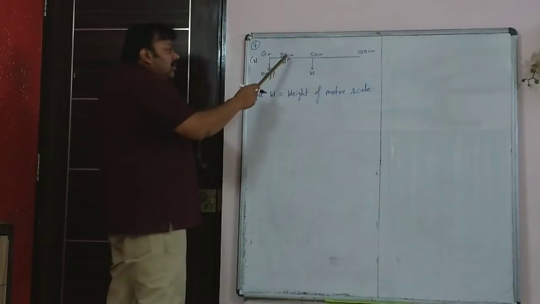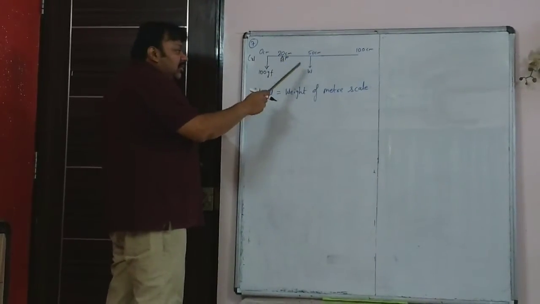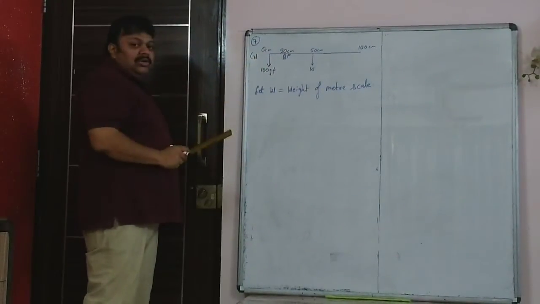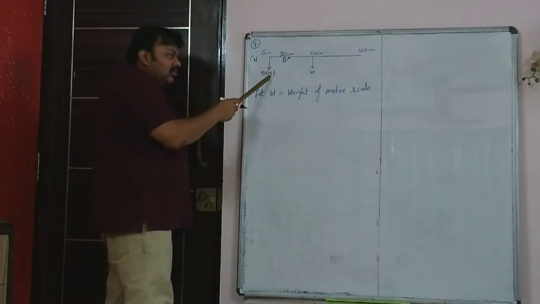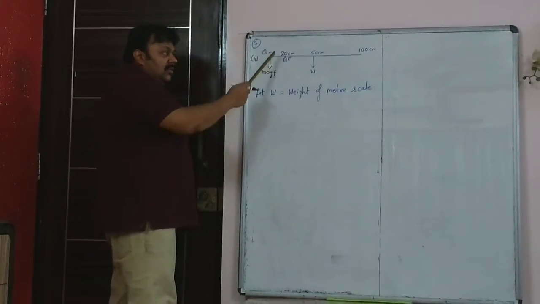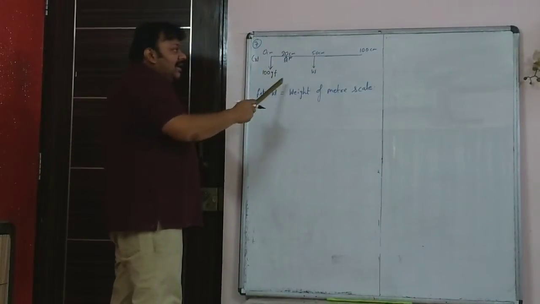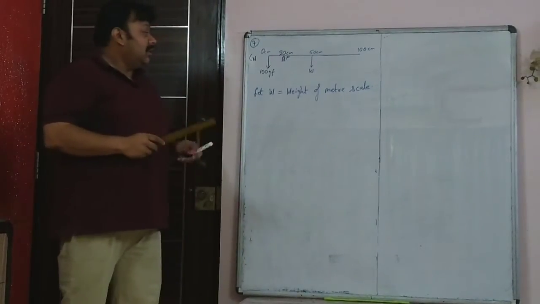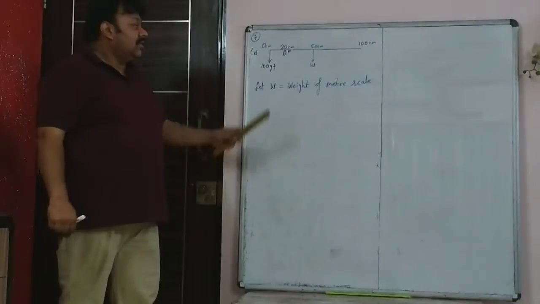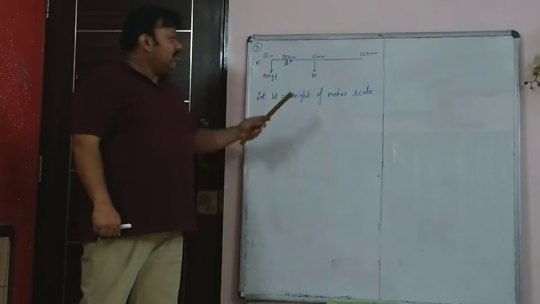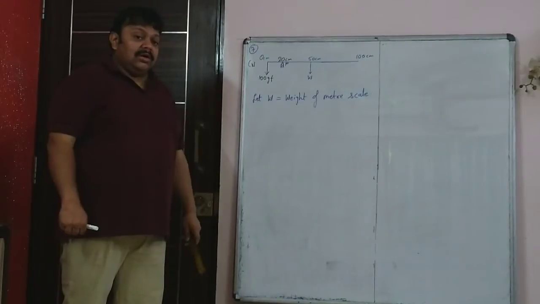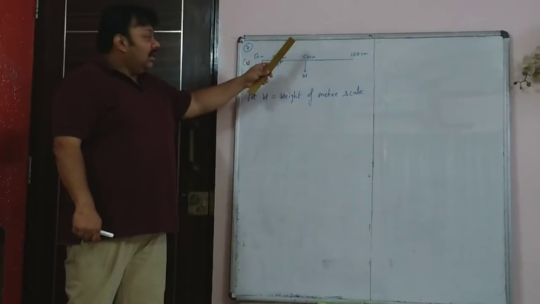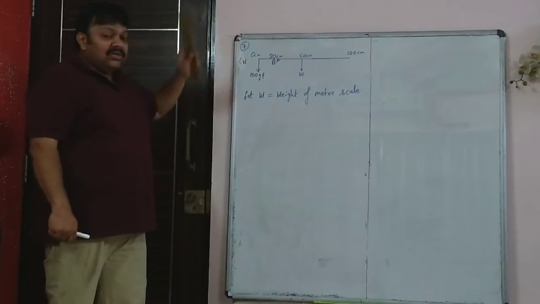Now, what sort of moment is produced by W? W produces clockwise moment. And the 100 GF which we hung here will produce anti-clockwise moment. So you have to write the answer that the 100 GF has to be hung at the 0 centimeter mark so that the total anti-clockwise moment balances the total clockwise moment.